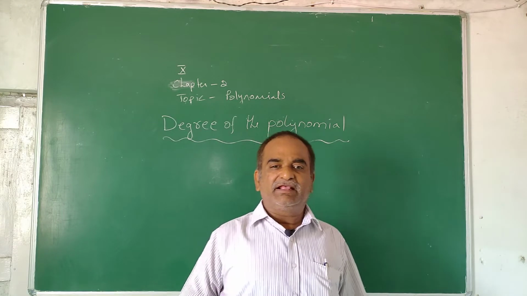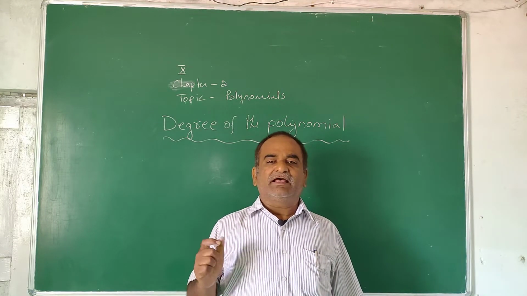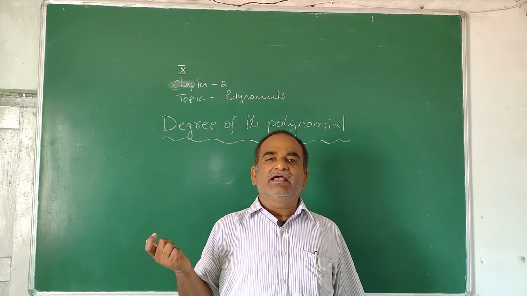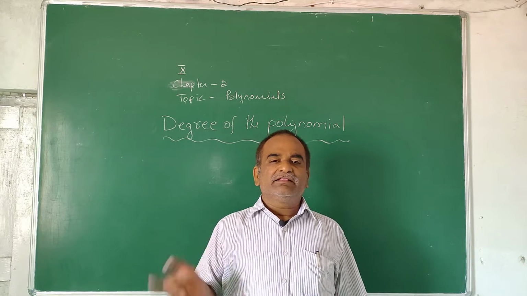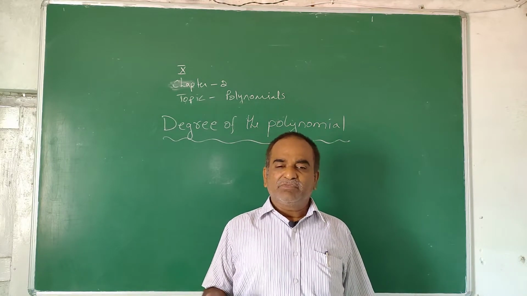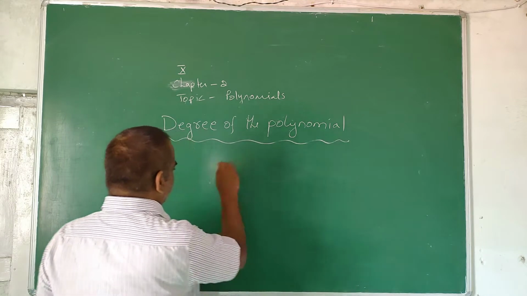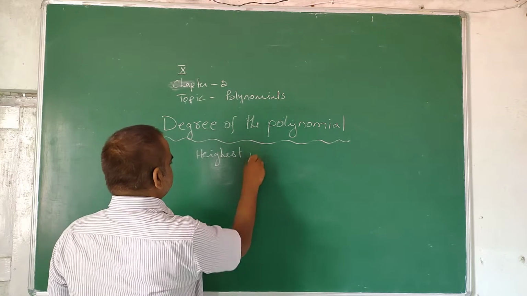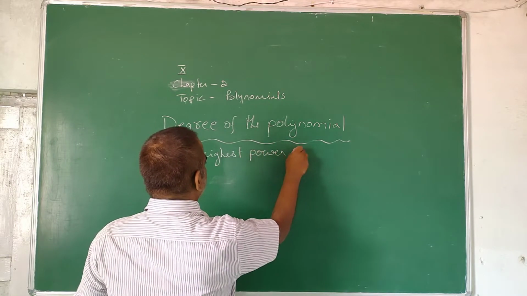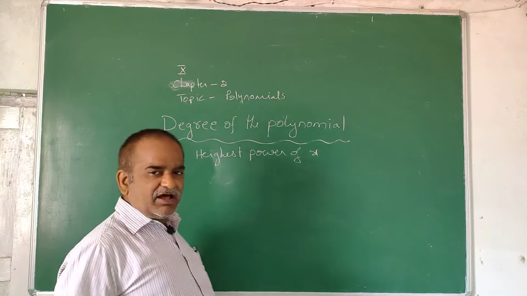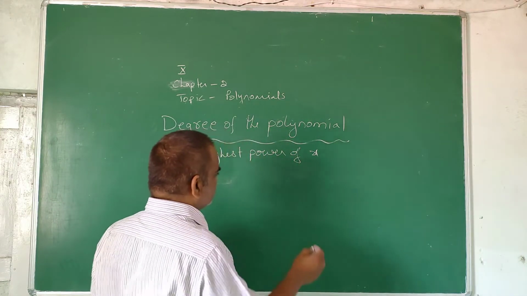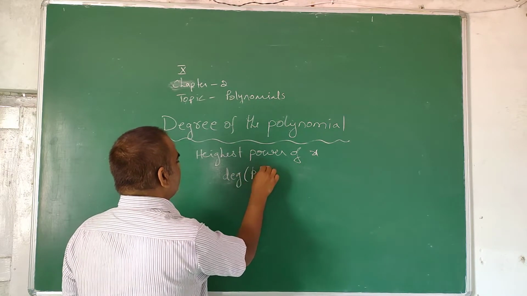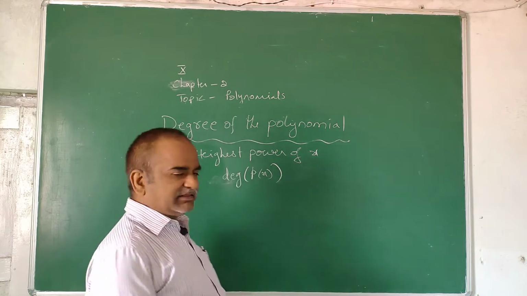Once again I will repeat, the highest power of x appearing among the terms in the given polynomial is known as degree of the polynomial. So highest power of x, simply saying, is called degree of polynomial. Degree of polynomial p of x is denoted by deg of p of x, like this.